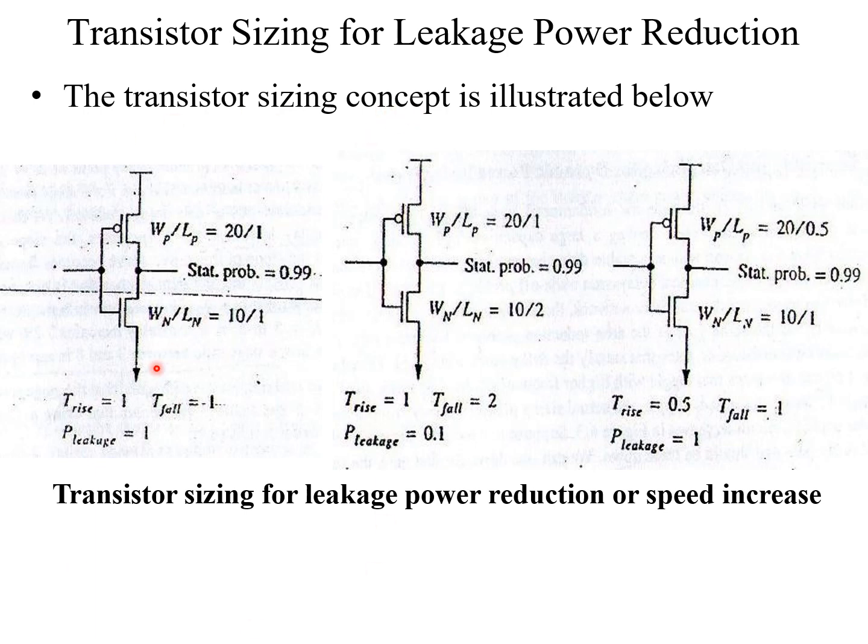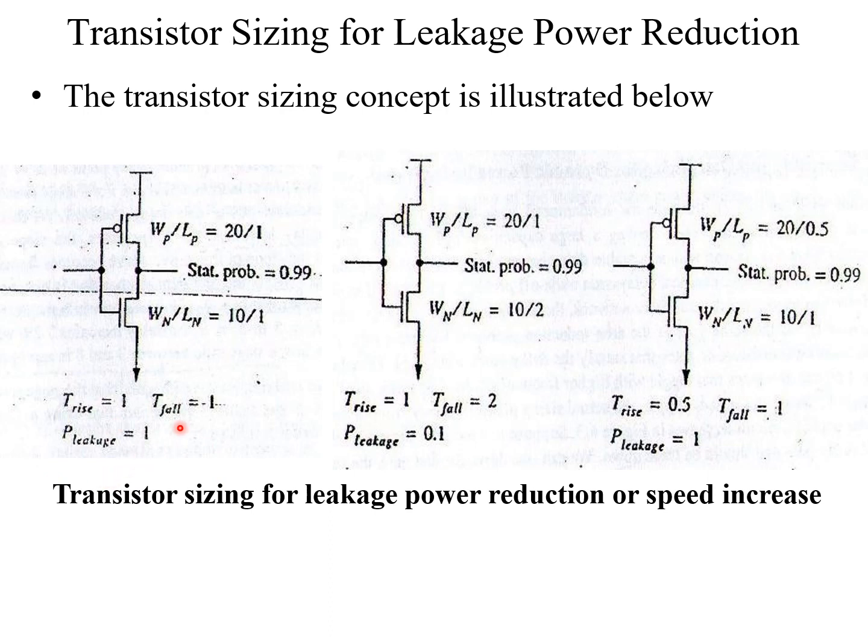The transistor sizing relevant to the leakage power reduction is given here. In the first structure, this is the PMOS, this is the NMOS. This is the width of the transistor P, length of the transistor P, 20 divided by 1. This is the width of the NMOS transistor, length 10 by 1. So the rise timing is 1, fall timing is 1, the leakage power is 1.